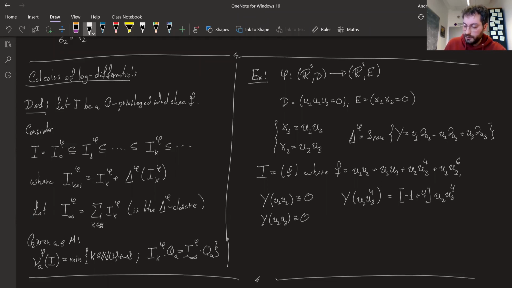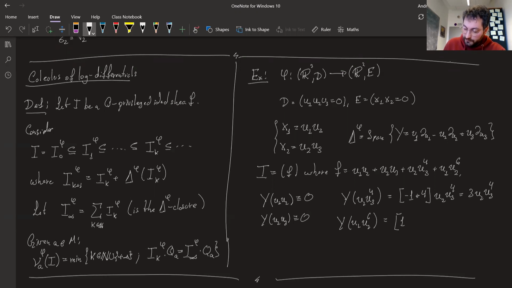We're preserving the monomial by this derivation. So this is just 3 times u2 u3 to the power 4. And if we do the same thing with the last one, then we apply u1 du1, it's going to be 1. It's going to give us the term that is appearing here.